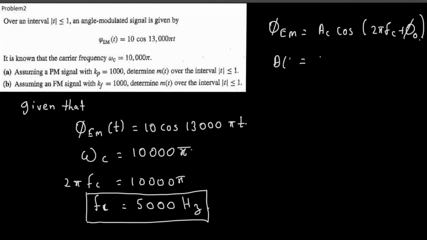So theta of t we can write as 2 pi fc t plus phi naught, and 2 pi fc t is 10,000 pi t, and phi naught is the rest of them, 3,000 pi t remaining.